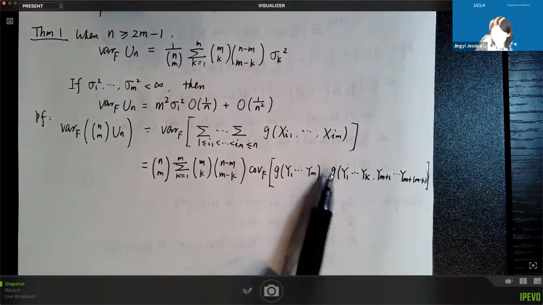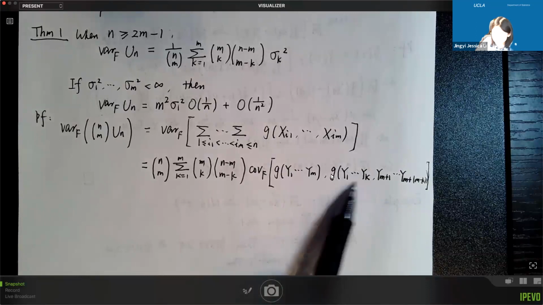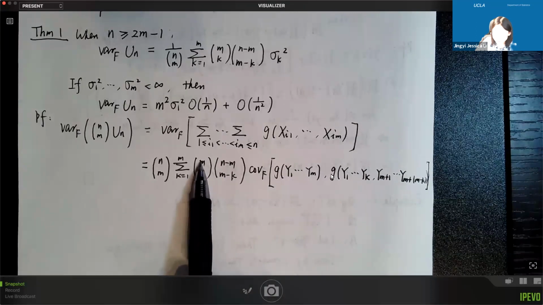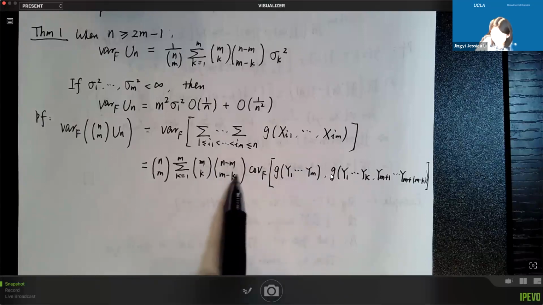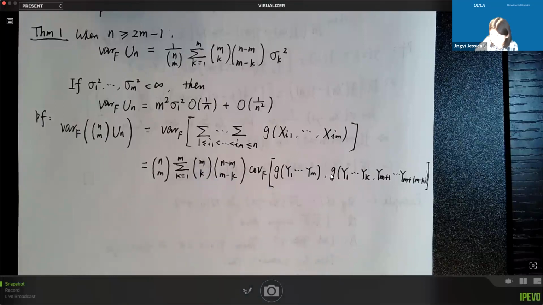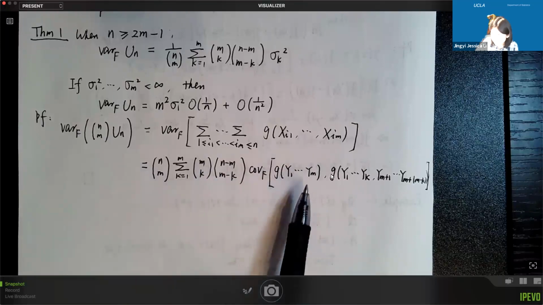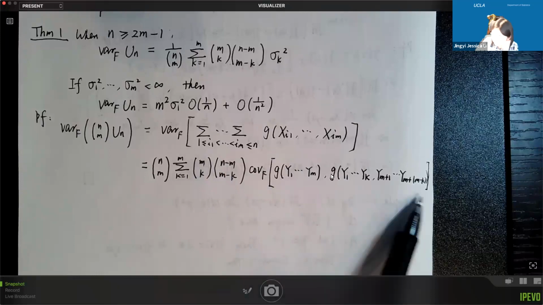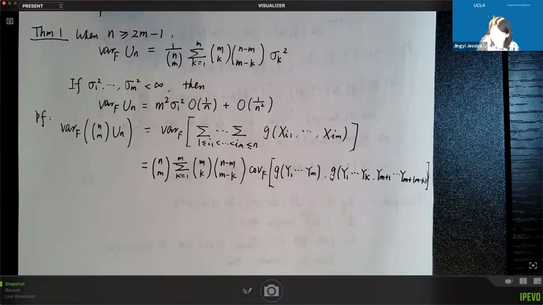When they have k overlap, I choose k from the m to be the same, and then the remaining m minus k are chosen from n minus m. And I let them be different here and different here.